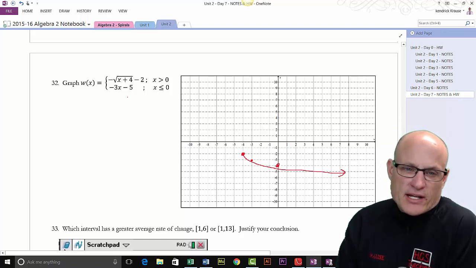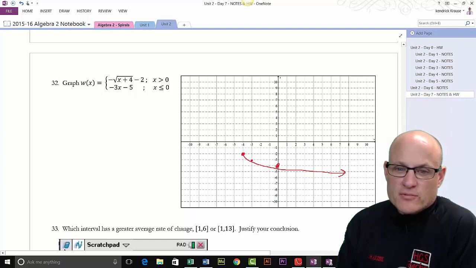And the other one is just negative 3x minus 5. So negative 3x minus 5. Down 3 over 1. So that's this line.